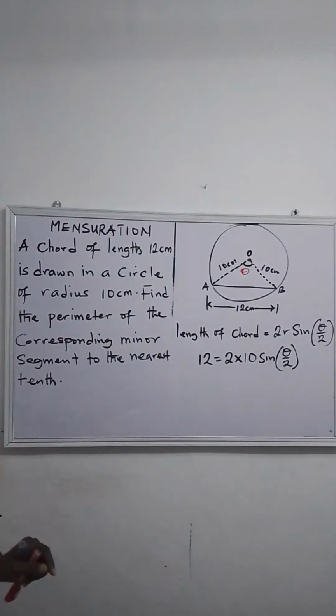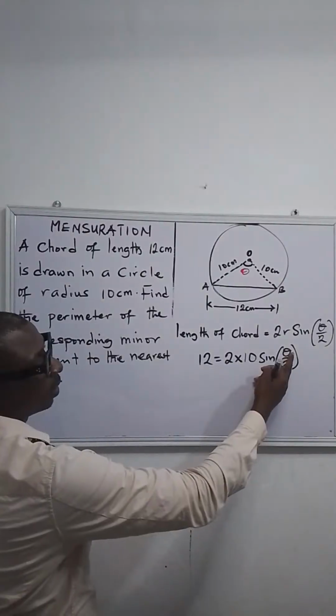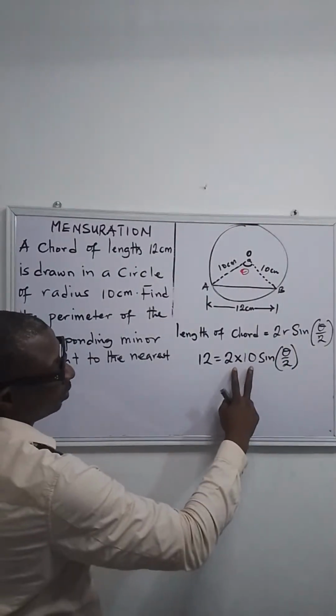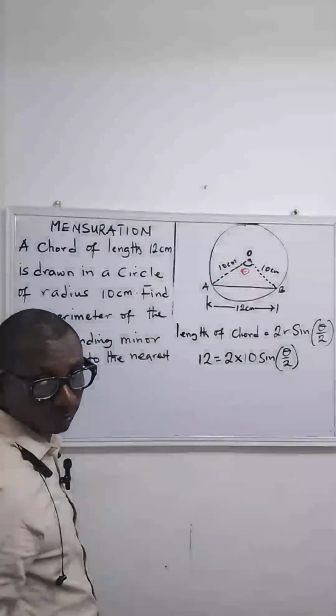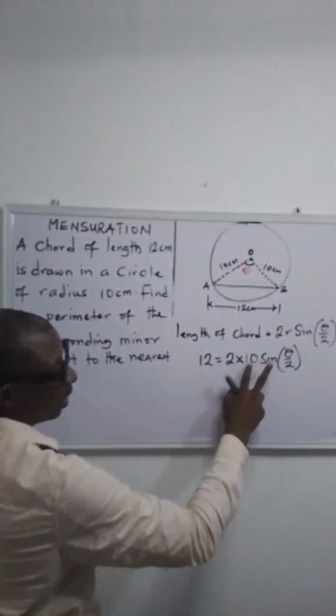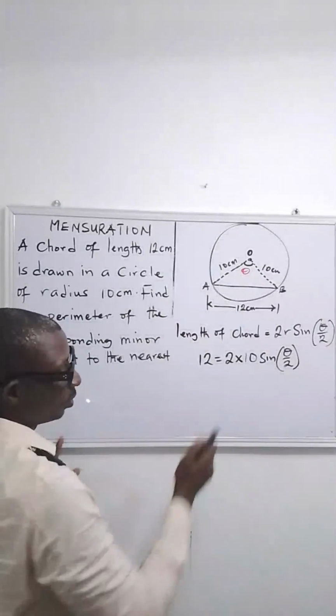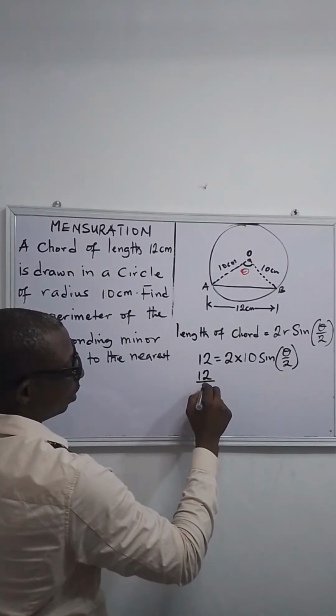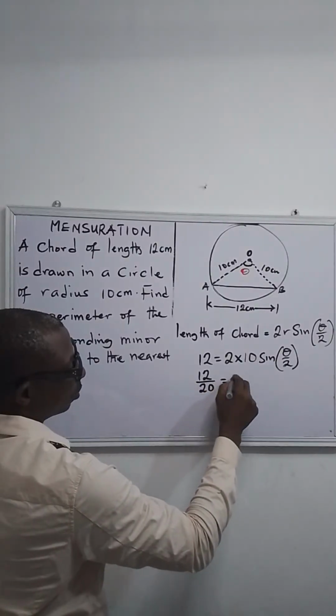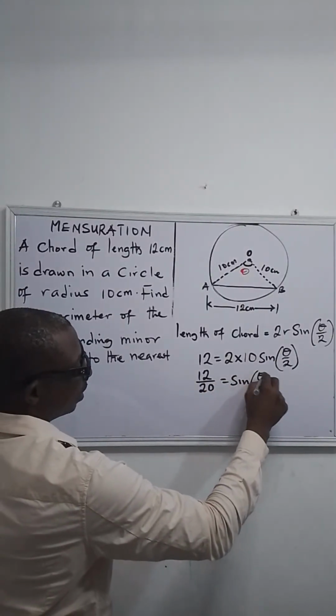Now we want to isolate theta. So you divide both sides by the coefficient of sine theta over 2, and that is 2 times 10, which is 20. So I can simply write 12 over 20 equals sine theta over 2.